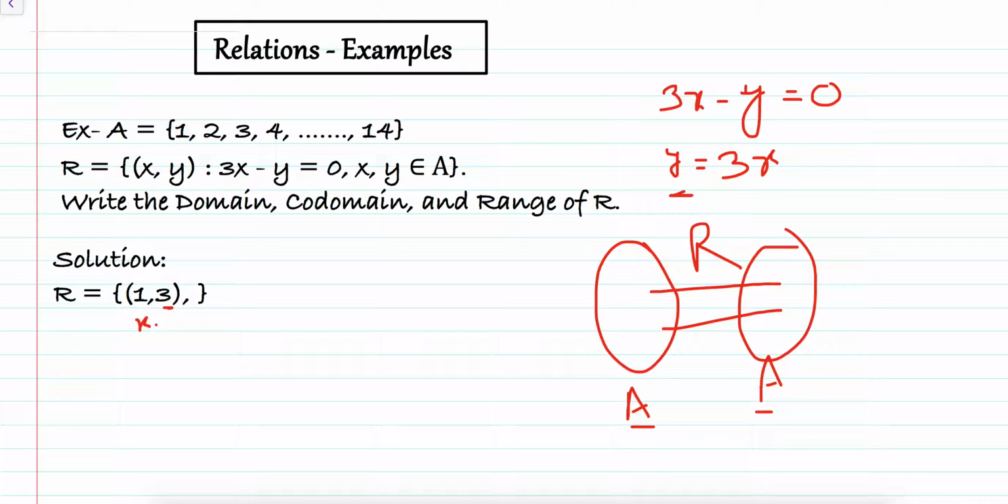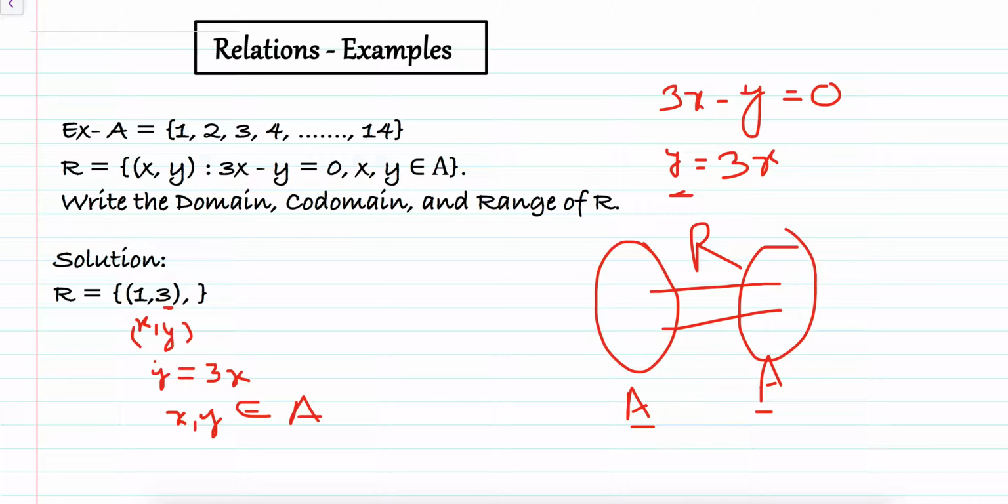So we have to find pairs (x, y) such that y equals 3x, and both x and y should belong to set A, that is, both should be numbers from 1 to 14.